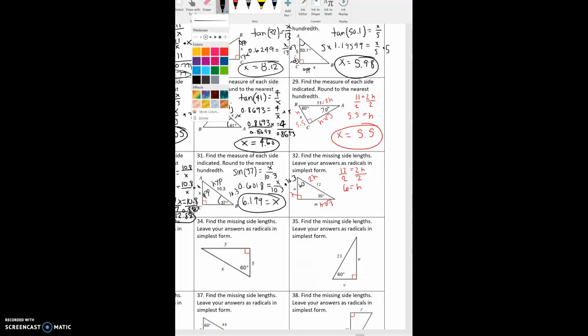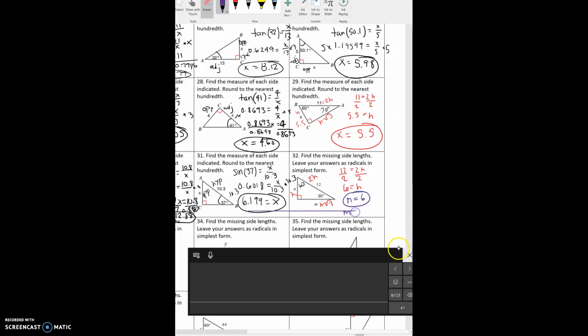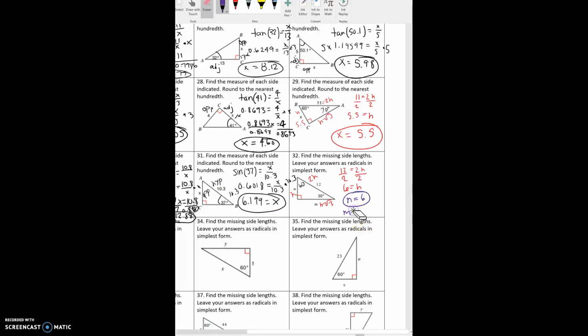Therefore, this side, or n, is going to equal 6, and m is going to equal 6 times the square root of 3.